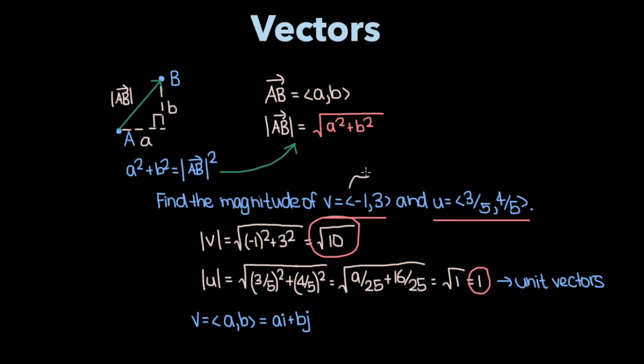So for example, if you have the vector negative 1 comma 3, you can rewrite that as negative 1i plus 3j, and the vector 3/5 comma 4/5, you can rewrite it as 3/5 i plus 4/5 j. And similarly, if you had the vector u is equal to 6i plus 2j, that vector in component form would be 6 comma 2.